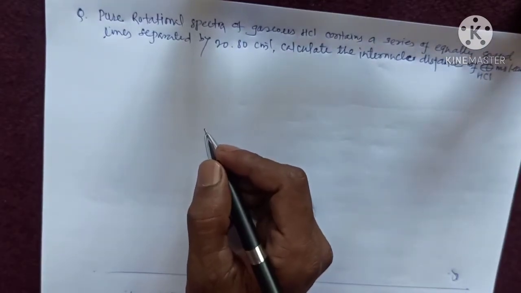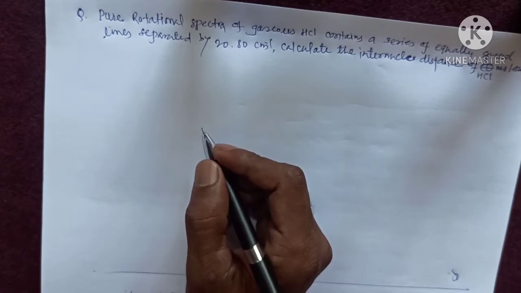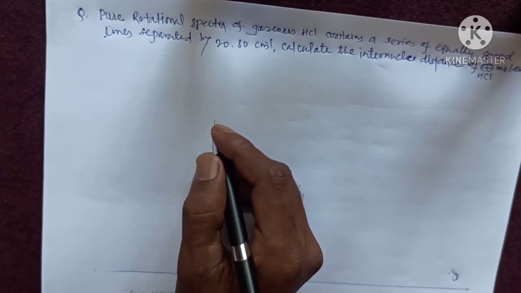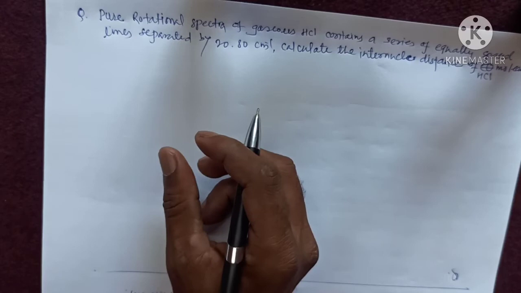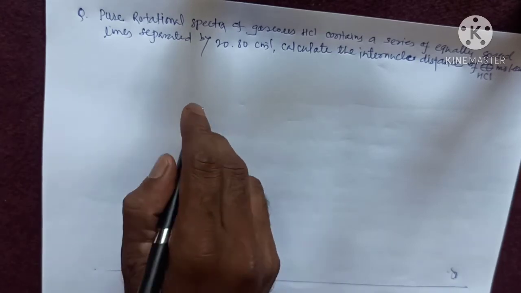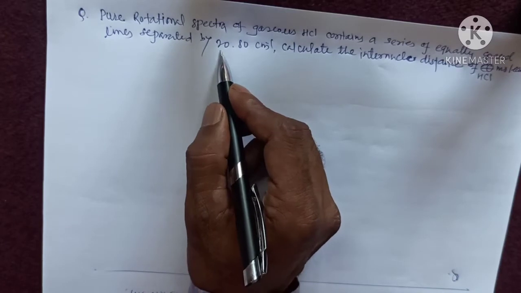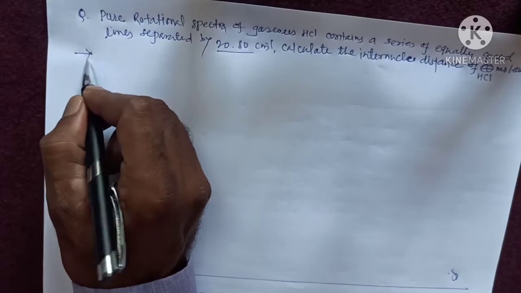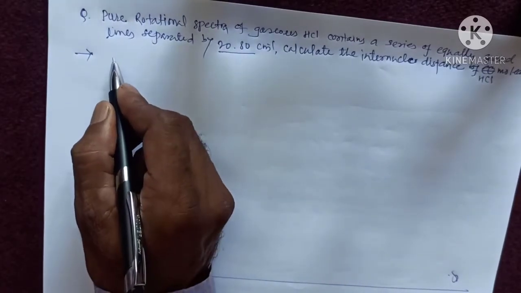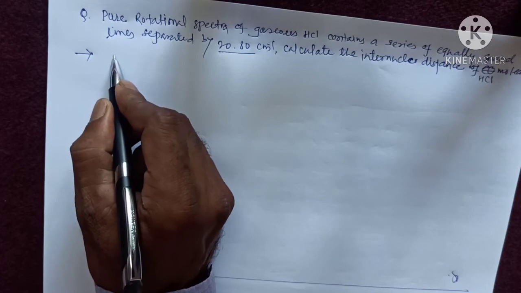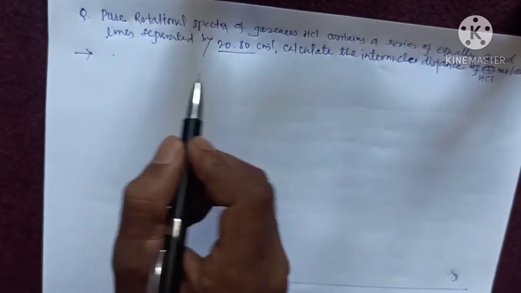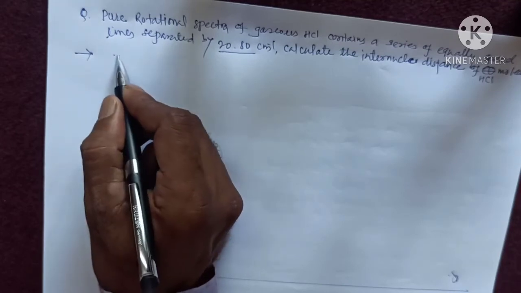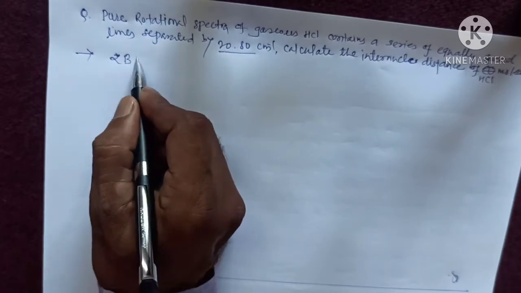Pure rotational spectra of gaseous SCl is determined, and it contains a series of equally spaced lines. Already we have seen that when we get the pure rotational spectra, the lines are separated by a constant distance. And what is the constant distance given here? It is 20.80 per centimeter. So the first thing given in the problem is the spacing of these equally spaced lines. We have already seen that the distance between two lines corresponds to 2B.